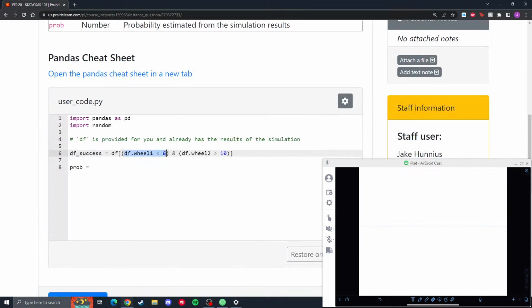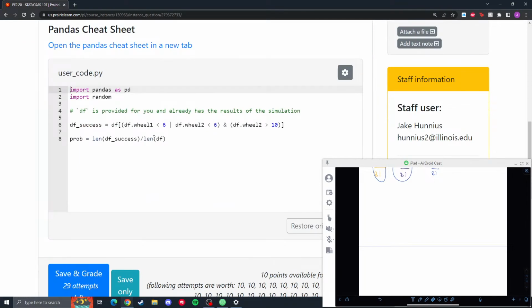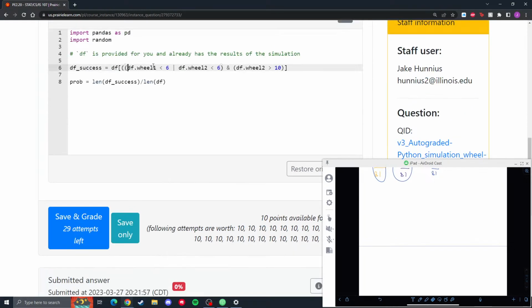And now just to show you why the statement that wheel 2 can't be both less than 6 and greater than 10 is important, we'll code it in to show you why it doesn't work. Oh wait, actually, nope, there's going to be an error because I forgot to wrap these in the parentheses.